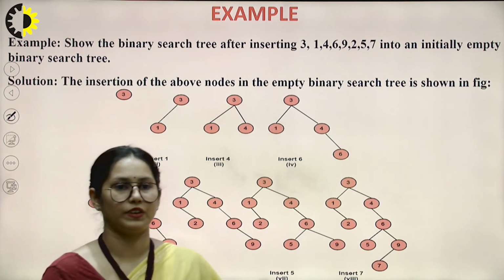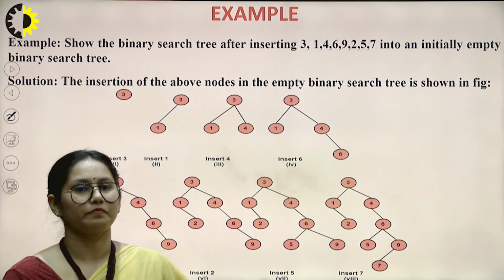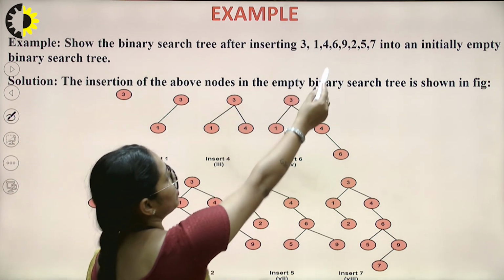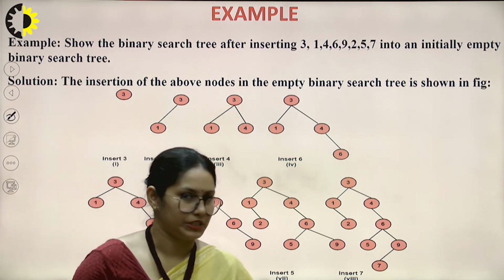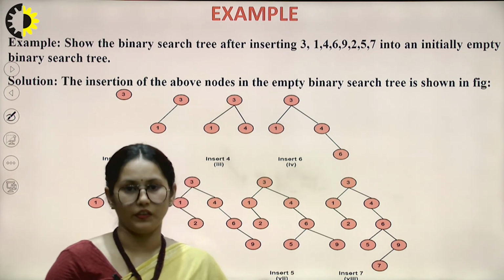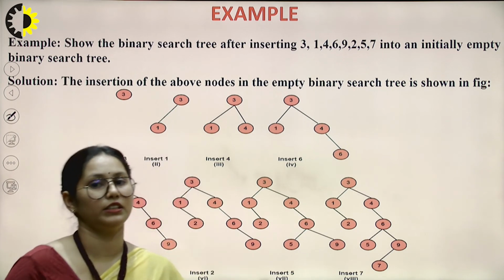Fine. So let's take an example here. In this example, we have to insert these elements: 3, 1, 4, 6, 9, 2, 5, 7. You have an empty binary search tree. Initially you have nothing in your binary search tree, and now you have to insert all these elements.